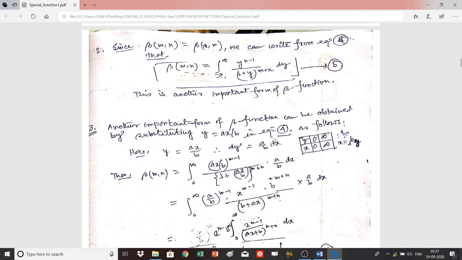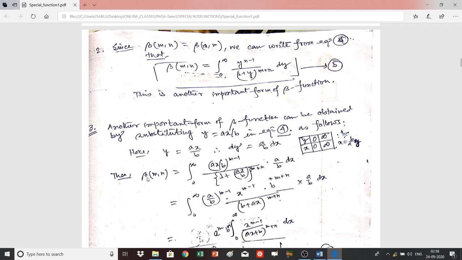So if you use x is equal to 0, then y is equal to 0, and if you use x is equal to infinity, then y also will be infinity. And from this relation you can write x is equal to b by a y.